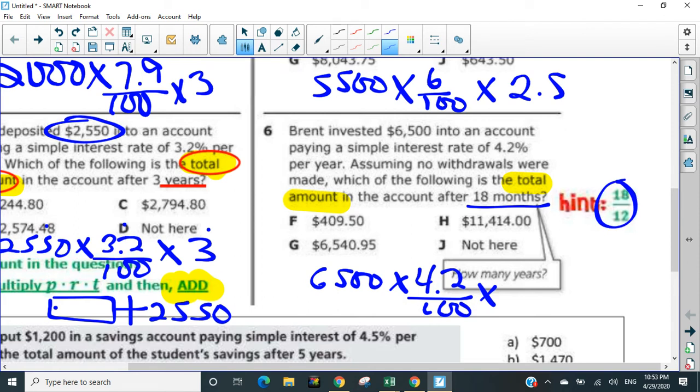Months are always expressed in a fraction over 12, as there are 12 months in a year. And then whatever answer you get here, guess what? The answer gets added to the 6,500 in the end. Okay, so first step, second step.